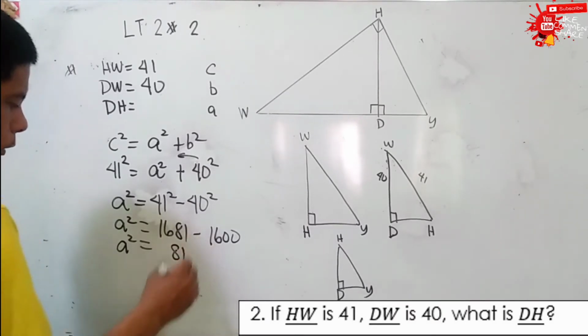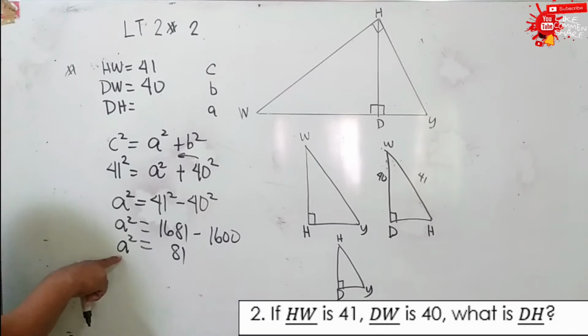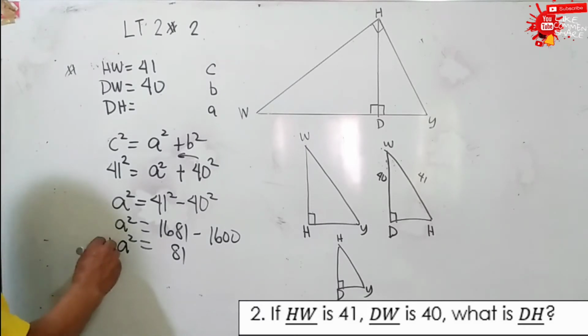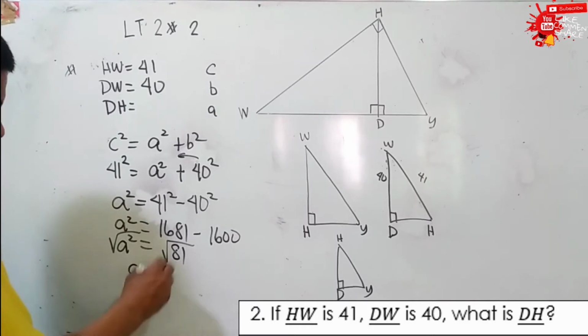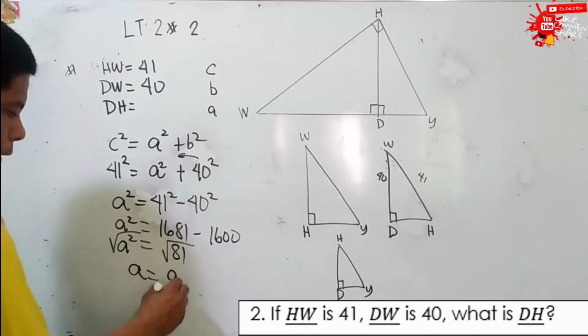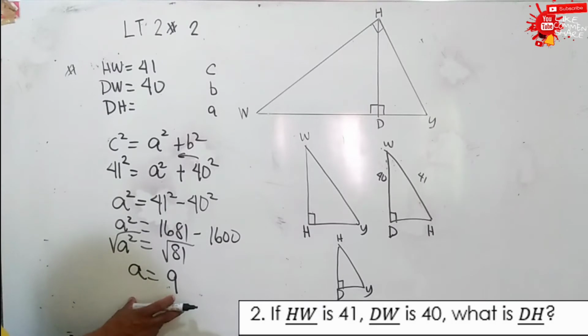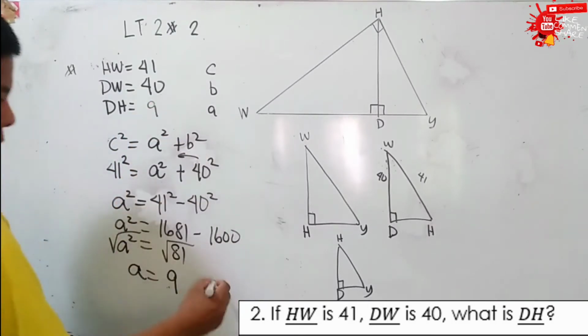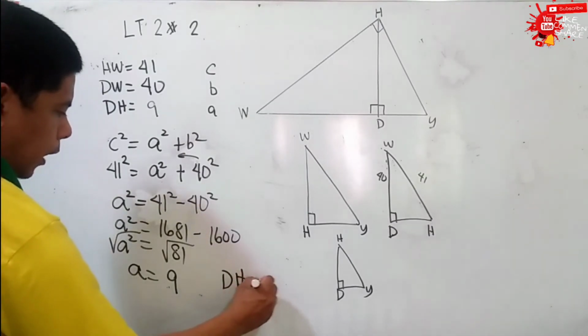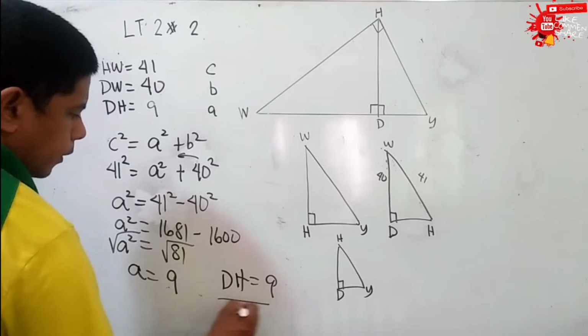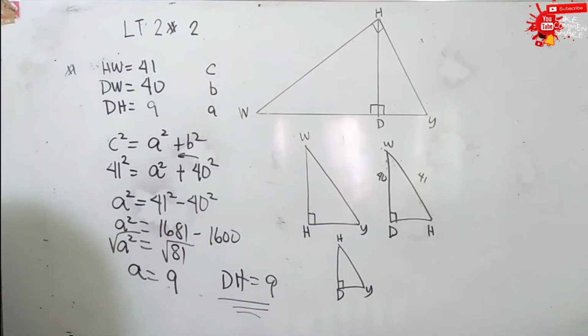Ang sagot, 81. Napakadali lang yan. Dahil squared to, get the square root both sides. Our A is equal to 9. So, ang DH natin ay equal po sa 9. Okay? Ganun lang kasimple. So, Pythagorean Theorem lang po yan.